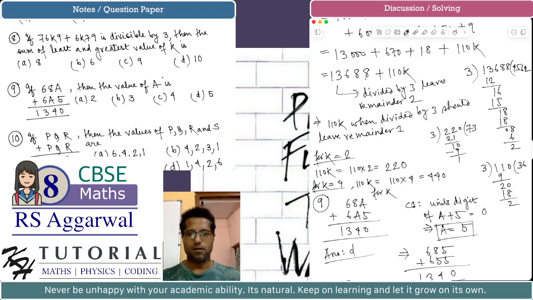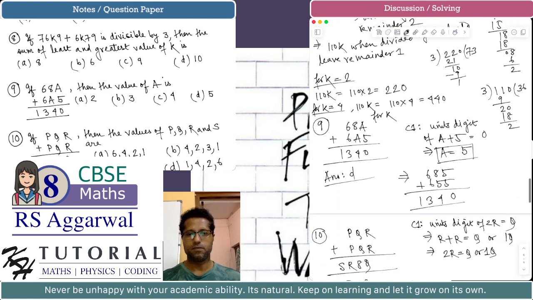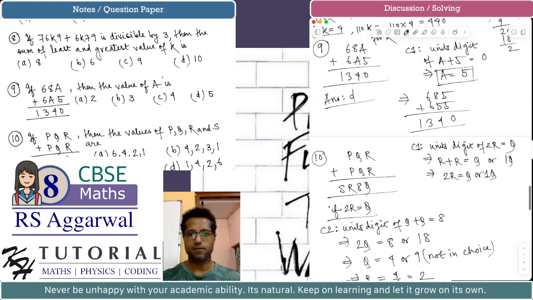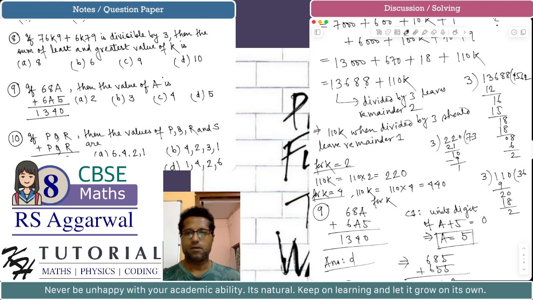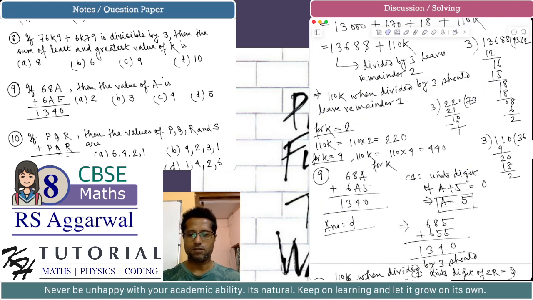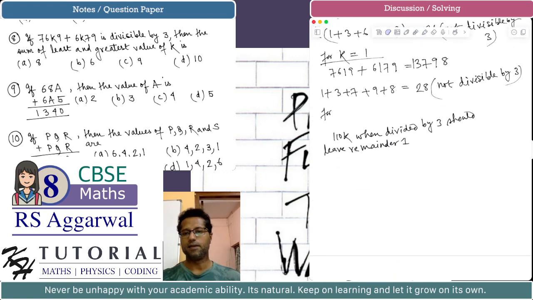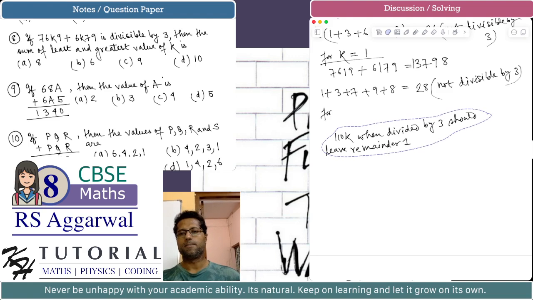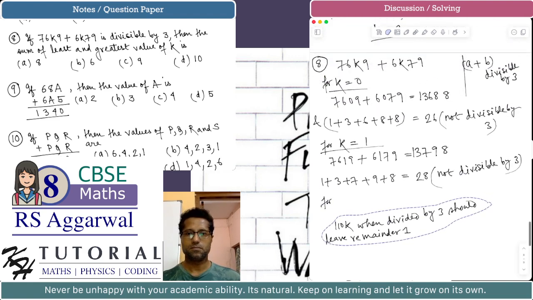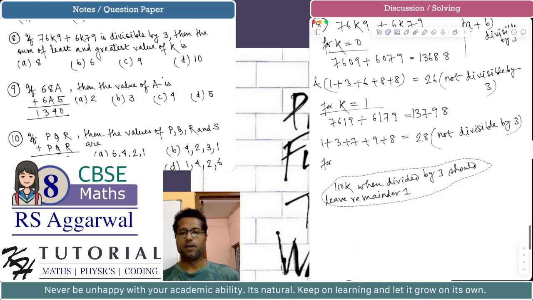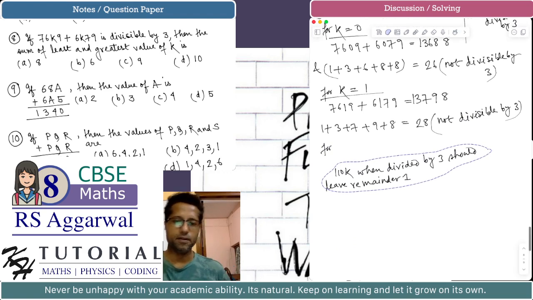So the whole problem has boiled down to the fact that we must find k such that 110k when divided by 3 should leave remainder 1.